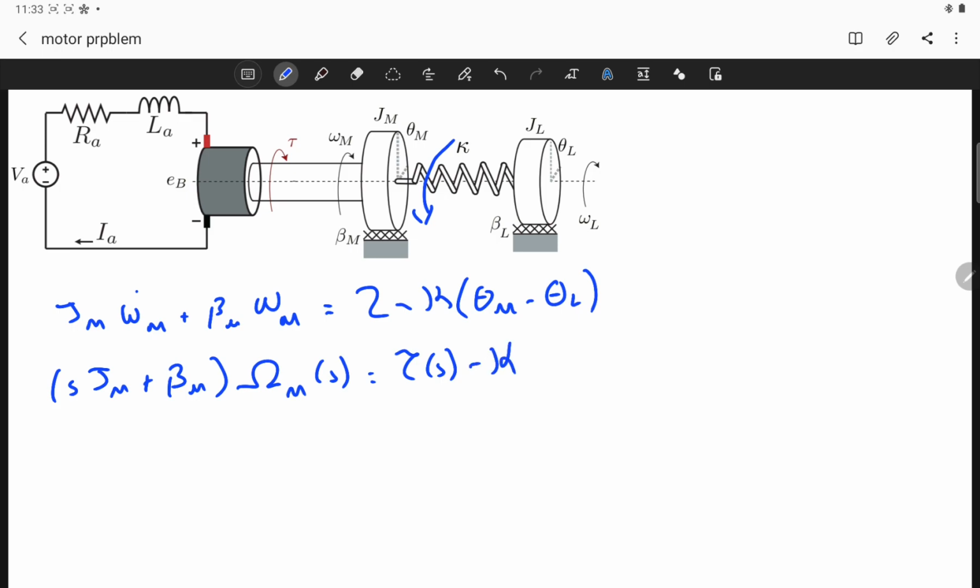Instead of writing theta m minus theta L, let's write theta difference of S. Because it's a difference, I can do that.